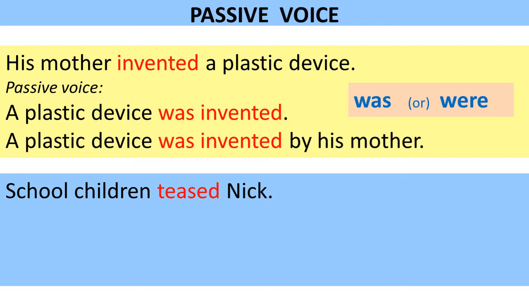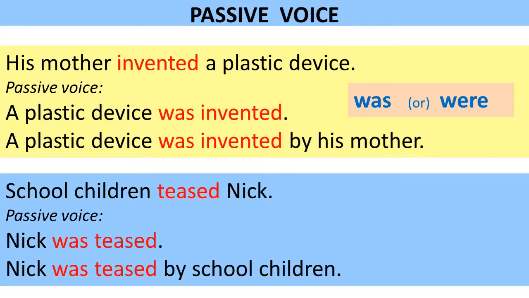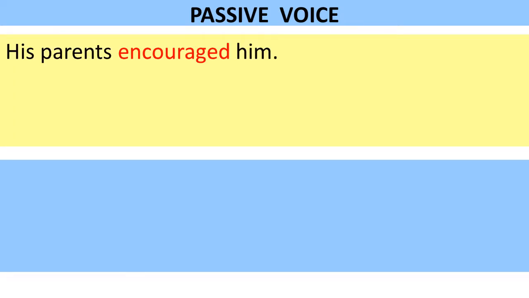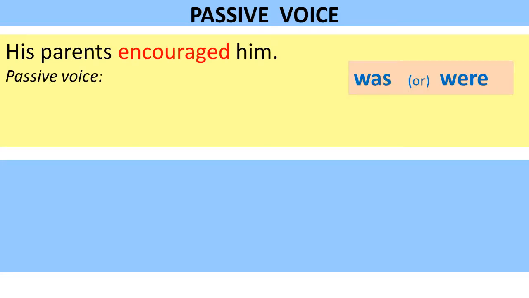School children teased Nick. Here the passive form: Nick was teased. Nick was teased by school children. Here another: His parents encouraged him. You see there is no be form and it is in the past tense. If we write that in the passive voice, we have to concentrate on was and were.